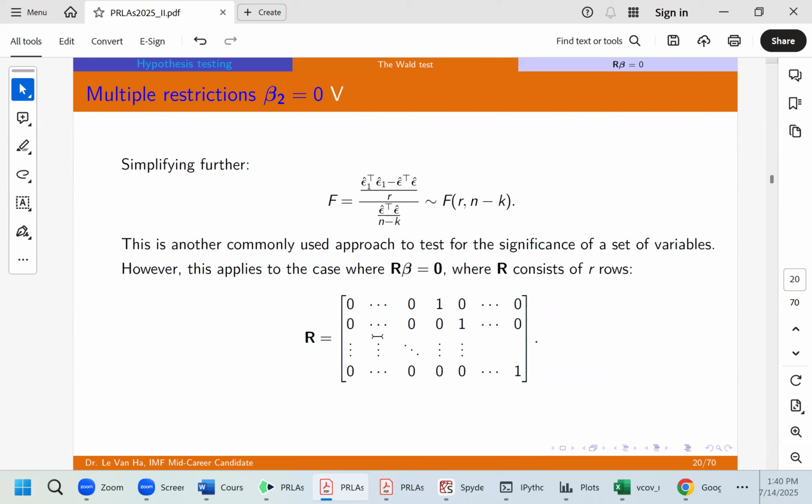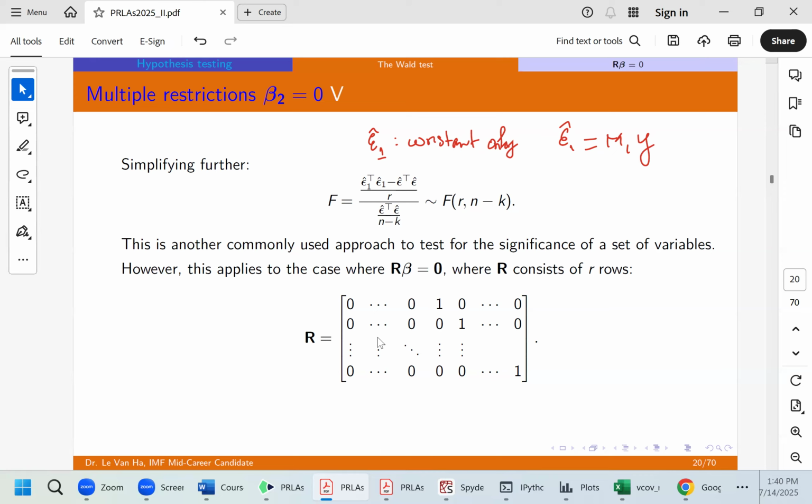If you consider epsilon hat 1 here to be the error term when you have only a constant, right? So epsilon hat 1 is equal to M_1 y. Is that correct? Because you only regress it on the constant. Okay.